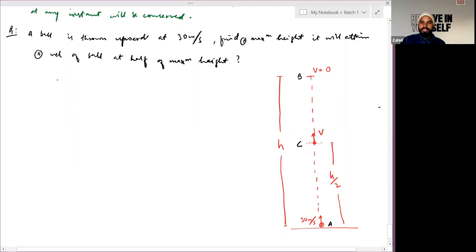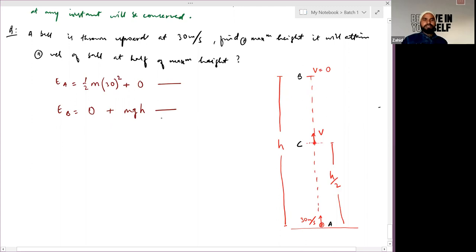I'm giving you a hint on how to calculate total energy. Total energy at point A will be half m times the velocity at point A, 30 squared. The height of the ball at A is 0, so the potential energy at A will be 0. So this is your total energy at point A. Total energy at point B: as the velocity of the ball is 0, the kinetic energy will be 0, and the potential energy is mgh. We take gravity as 10.